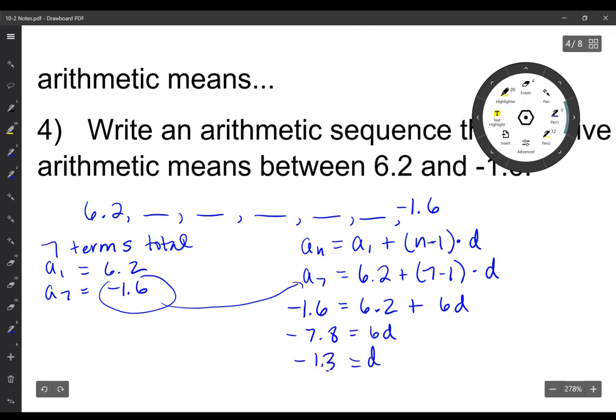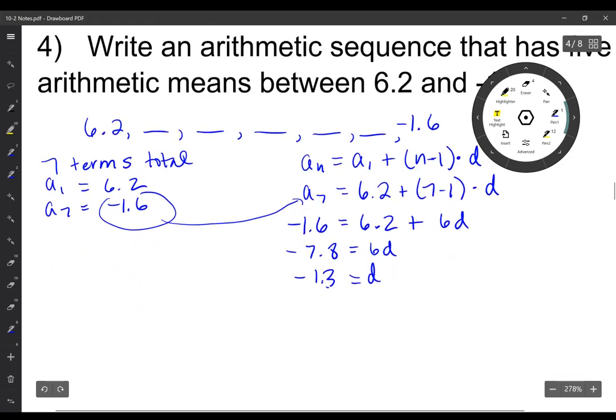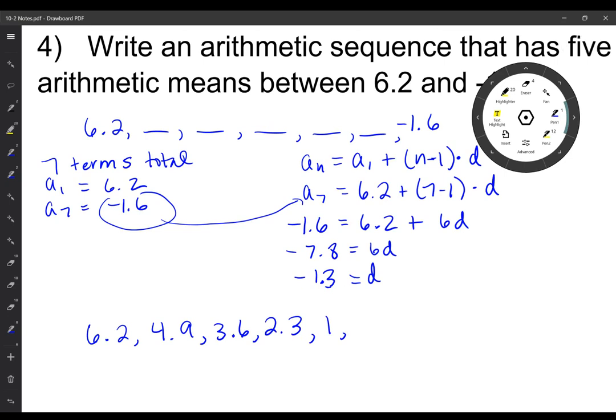So notice I left my d on the same side. I'm not flipping sides there at the end or anything. It's all right to have our variable on the right. So that tells me to get from one term to the next, I need to subtract 1.3. So if I start with 6.2 and I subtract 1.3, now I'm down to 4.9, and then 3.6, and then 2.3, and then 1, and then negative 0.3, and then negative 1.6.